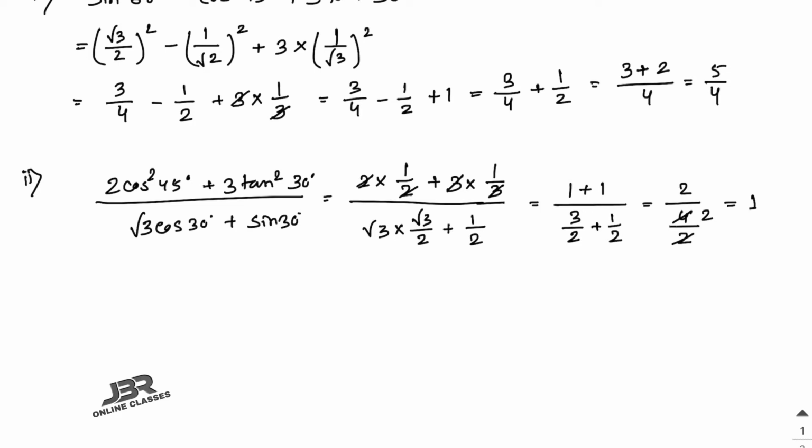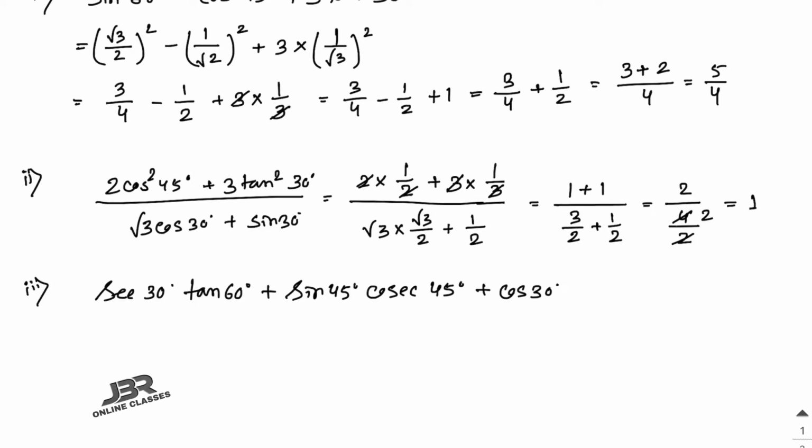Now the next one, sum number 3. In sum number 3 here, sec 30 tan 60, then plus sine 45 cosec 45, and next cos 30 cot 60.